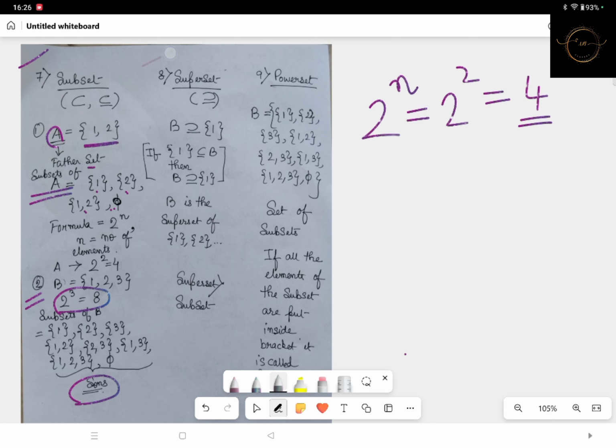Now coming to superset, the second one. It's just the opposite of subset.